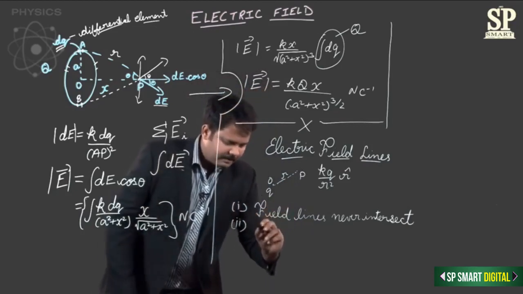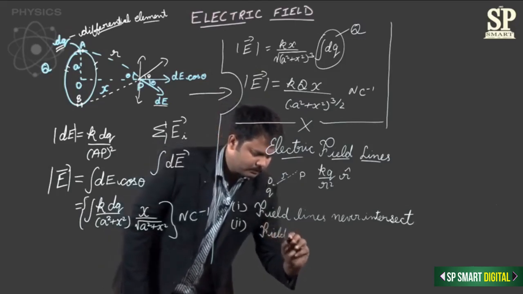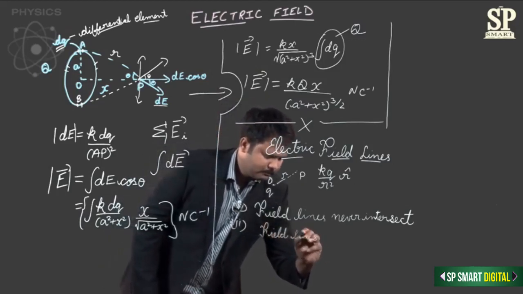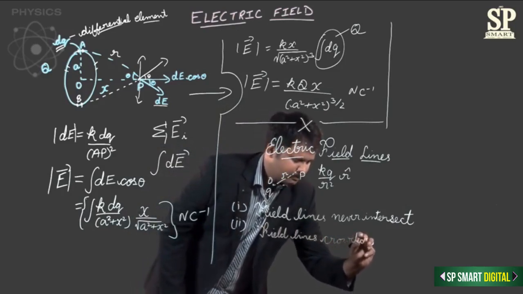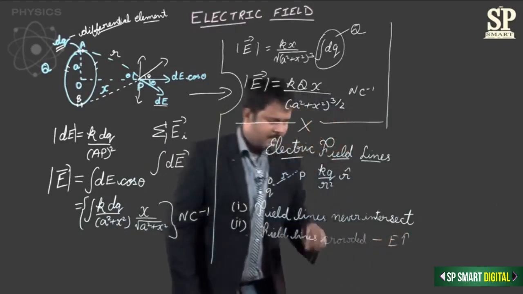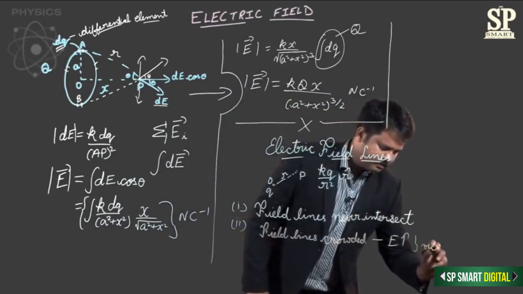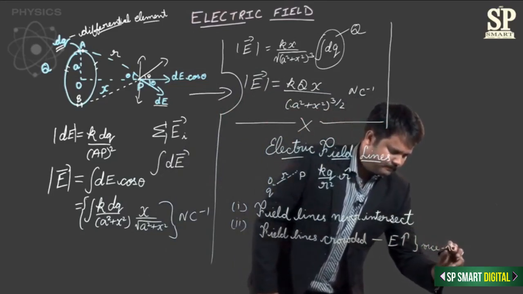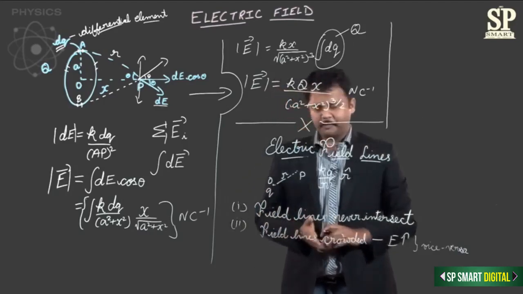So I can write field lines crowded, this means E is high, and the reverse also holds true, so I'll write vice versa.